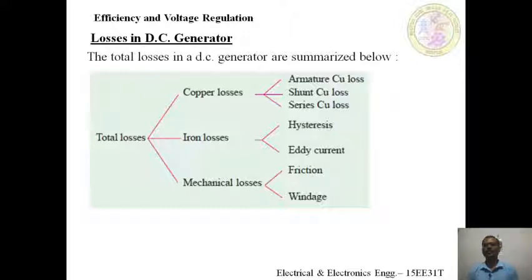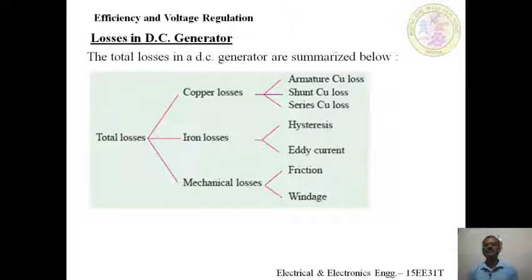When armature core passes in the magnetic field poles, when it passes through N and S pole, the flux in the core reverses. Due to the reversal of the flux, heat is produced. That heat loss will make some power loss.